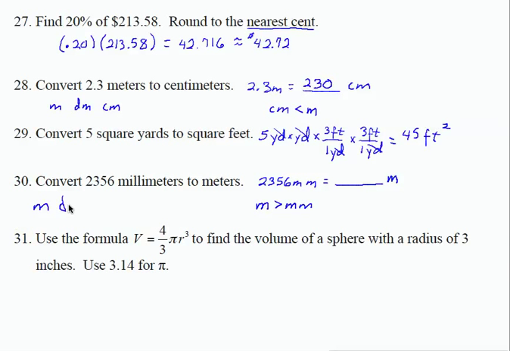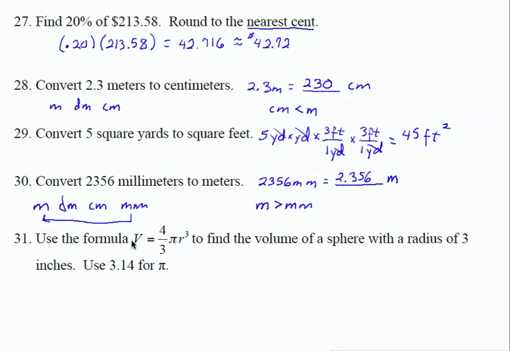So I have meters, decimeters, centimeters, and millimeters. I'm going from millimeters to meters, a smaller unit to a larger one, which means I'm going to divide by 1,000 or move the decimal 3 places to the left. That's 2.356 meters. So 2,356 millimeters is 2.356 meters.